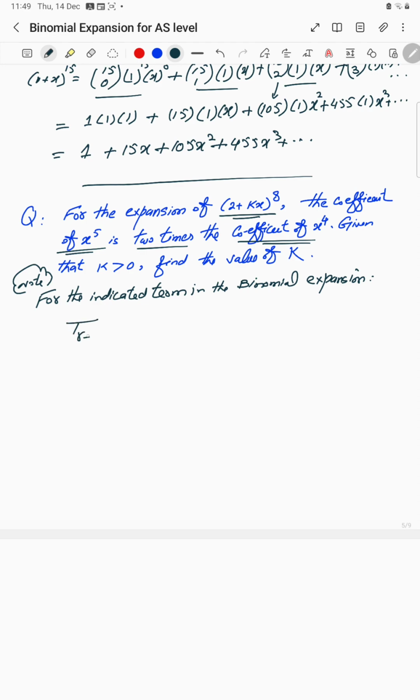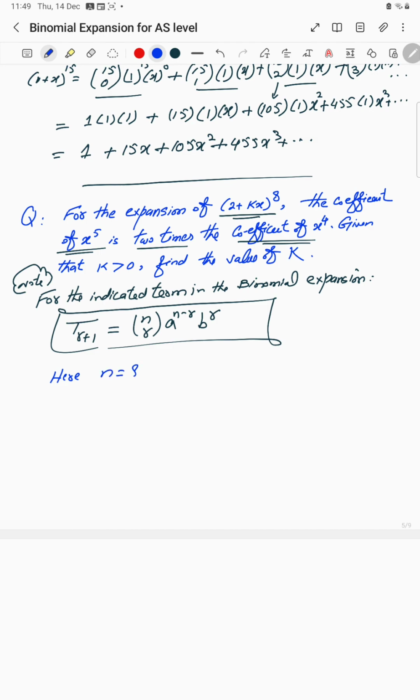The term T(r+1) will be nCr a raised to power n minus r, b raised to power r. We can apply this rule. As here we are interested in the coefficient of x^5, r will be 5, and for the coefficient of x^4, r will be 4. So here n is 8, a is 2, b is kx.